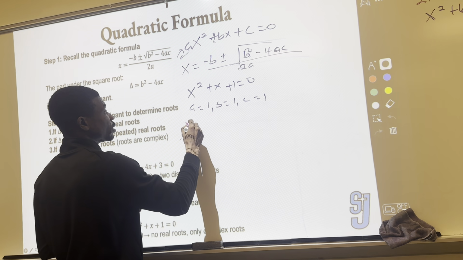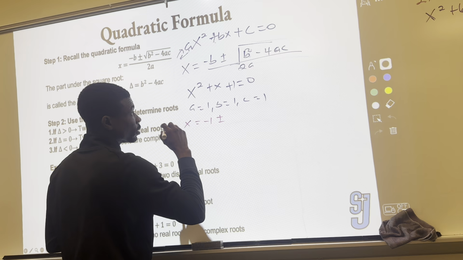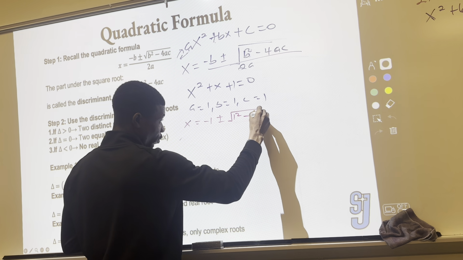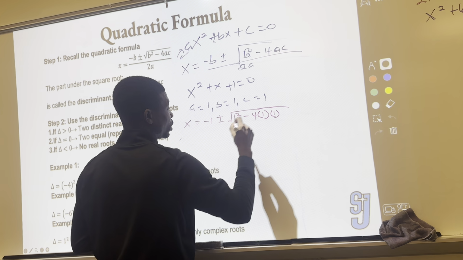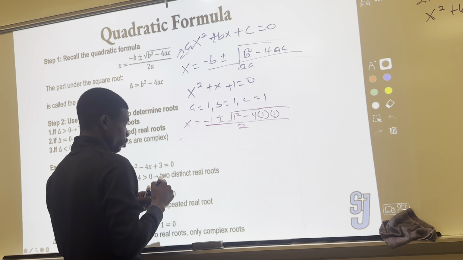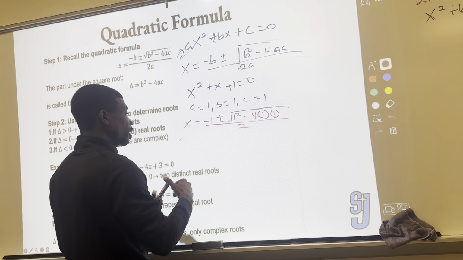And so x equals -1 plus or minus square root of 1 squared minus 4 times 1, and I'm good to go, over 2. That's it. Now, what's the next step?